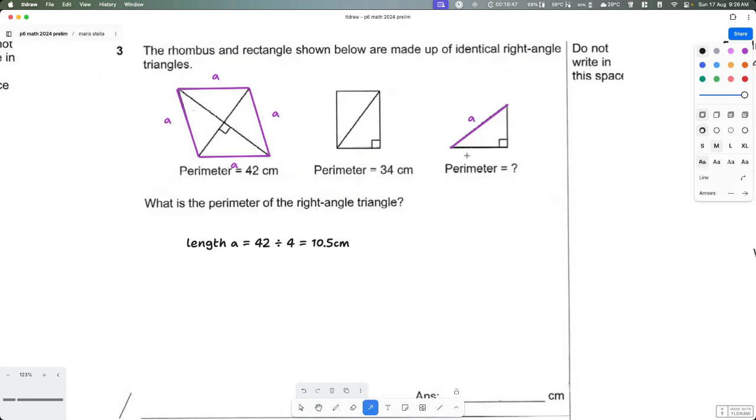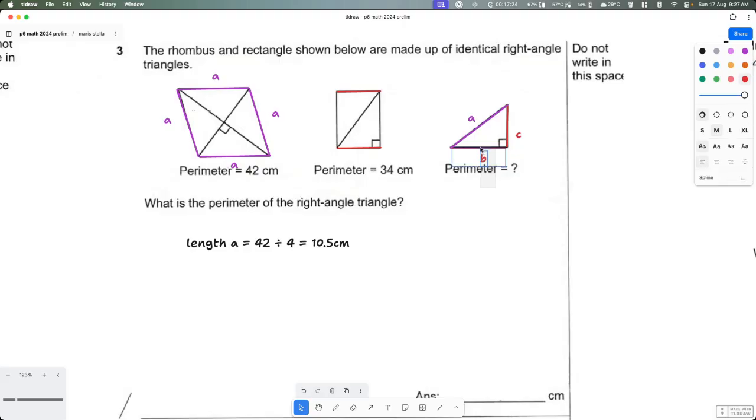Then after that, let me use another color for this. Over here, I'm going to put B, the base, and then C over here is the same as this. This is C, and then we have B as well.